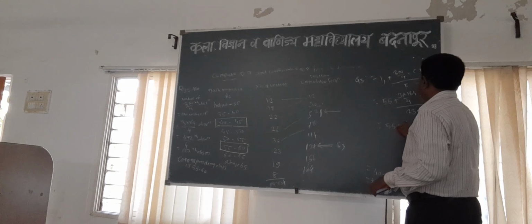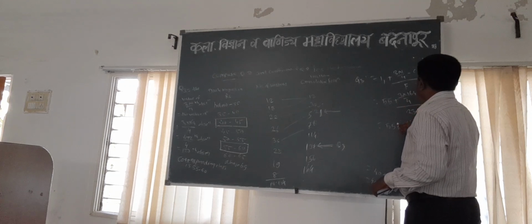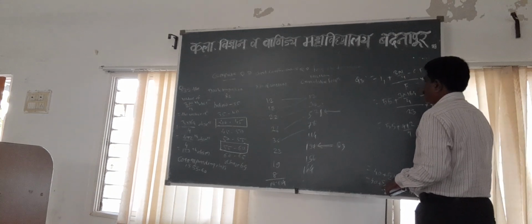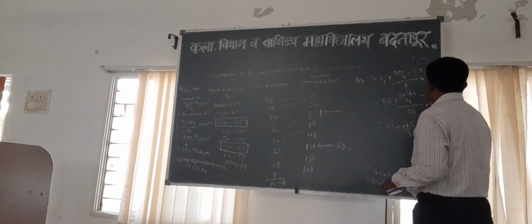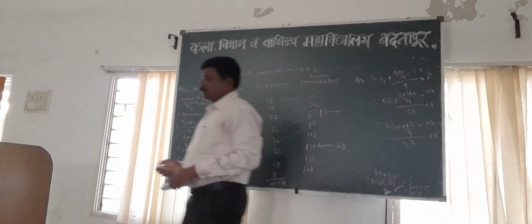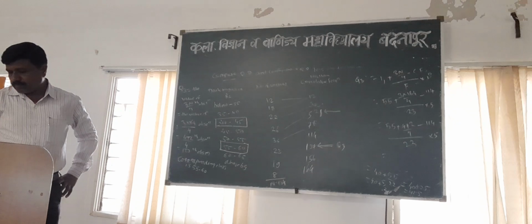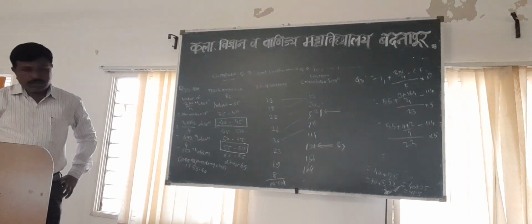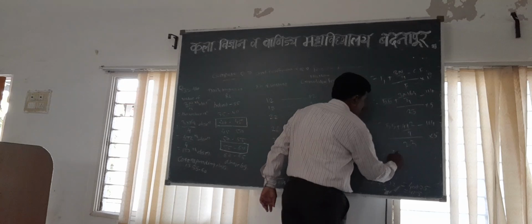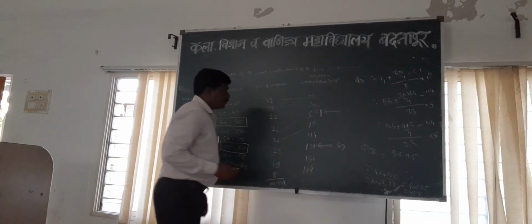That is 55 plus 3 into 164, that is 492, divided by 4, that is 123, minus 115, divided by 23 into 5, that is 56.95.